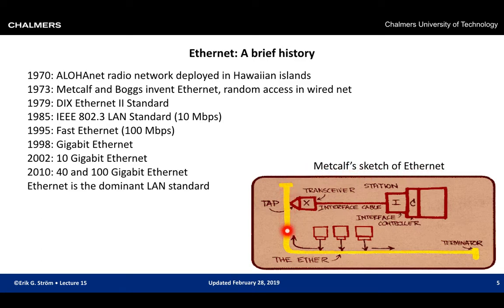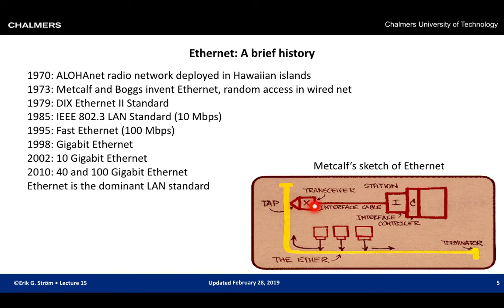So the yellow thing here is a coaxial cable, which has terminations at the end to make sure that signals don't go back and forth and bounce in this, right? So we have some termination here. And then if one wants to share this coaxial cable between different computers, basically one drills a small hole here and puts in a plug called a tap.